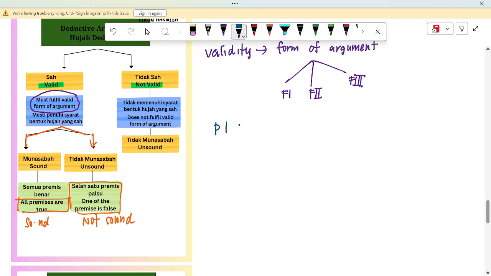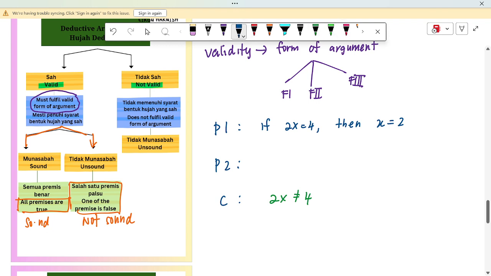Let's say I give you premise 1, premise 2, and conclusion. If 2x equals to 4, then x equals to 2. My conclusion is x not equals to 2. Sorry, my conclusion will be 2x not equals to 4. How do you find your premise 2?